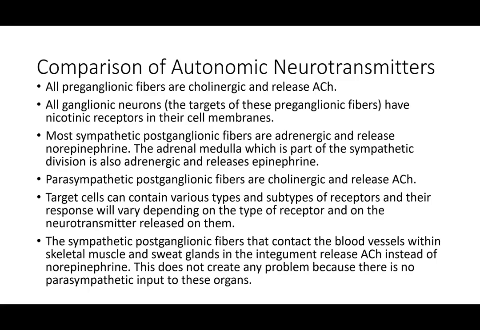So the sympathetic postganglionic fibers that contact the blood vessels within skeletal muscles, as well as sweat glands in the skin, the integumentary system, are actually going to release acetylcholine instead of norepinephrine. This actually doesn't create any problems because there's no parasympathetic input to those particular organs.